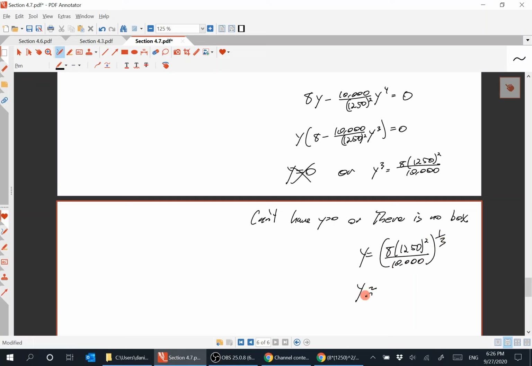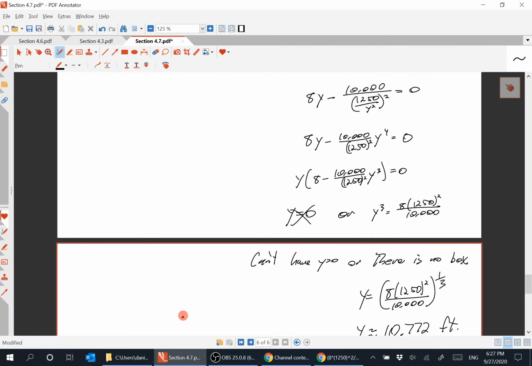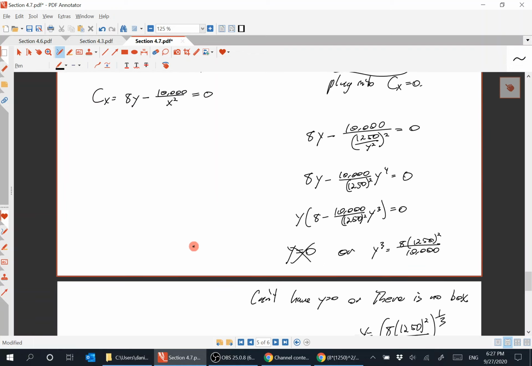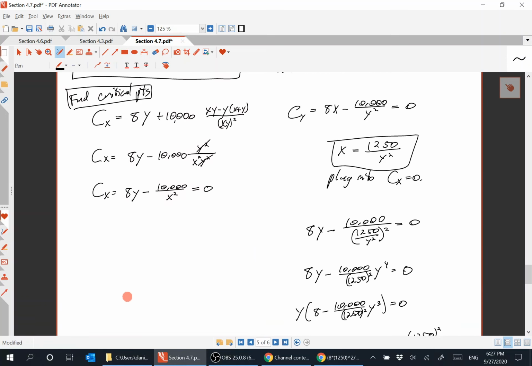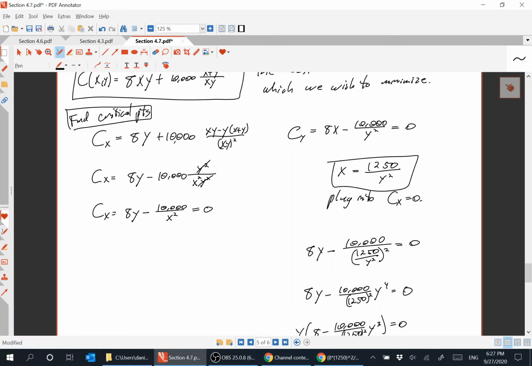So y is approximately equal to 10.772 feet. All right, given that y is approximately 10.772 feet, we plug it back into this, and we'll get only one answer.